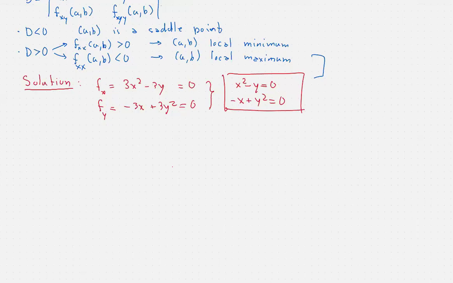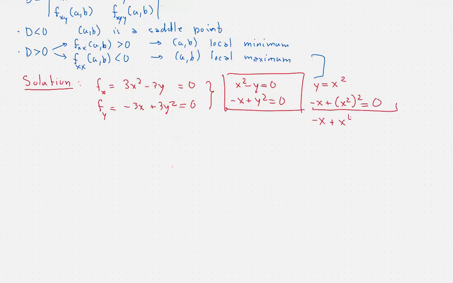So we see that y is equal to x² from the first equation. So we take that and plug it into the second equation, which will give us −x + x⁴ = 0, or x⁴ − x = 0, same thing.